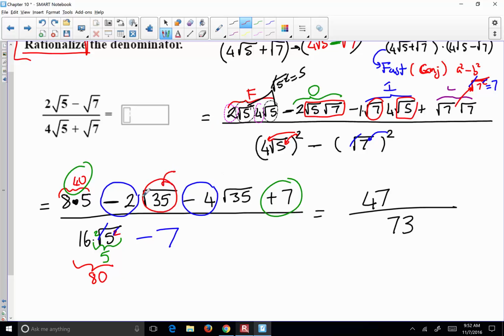You have minus 2 apples, minus 4 more apples. How many apples do you have? These are like radicals. The only way you can add radicals is if they have the same radical with the same numbers inside. Same apples, but different quantities of them. How many in total? Minus 6 of those root 35s, or apples.